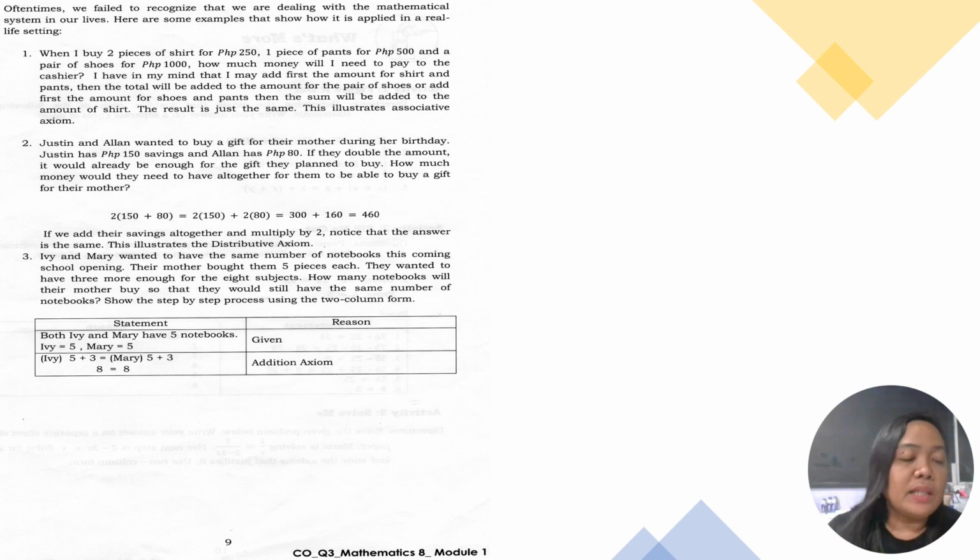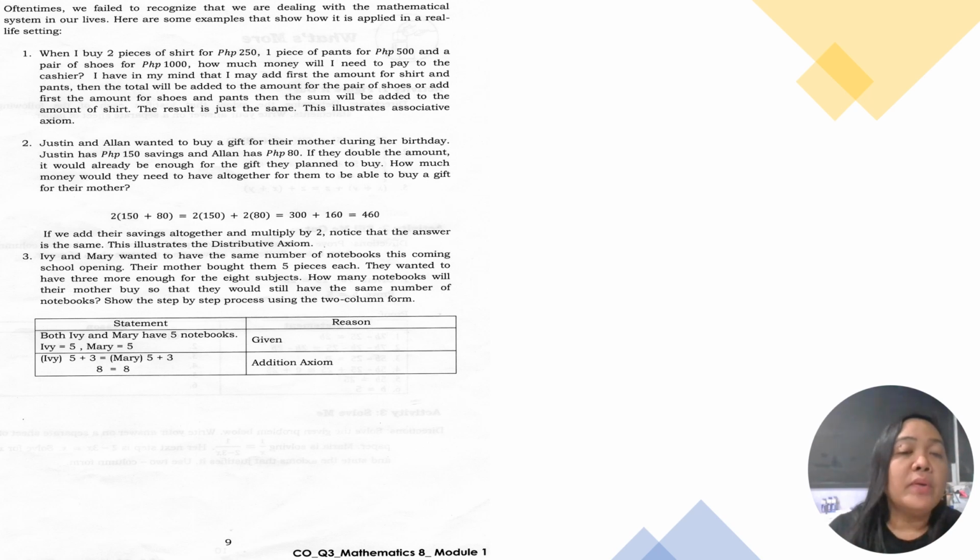Okay? For the first statement, as given there, both Ivy and Mary have 5 notebooks. Ivy has 5, Mary has already 5 too. So given, that's the reason for number 1. Now, for statement number 2, because they wanted to have 3 more so that it can accommodate 8 subjects, we apply from Ivy's notebook, which is 5 plus 3.